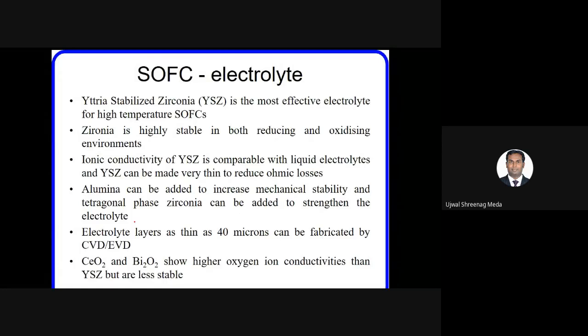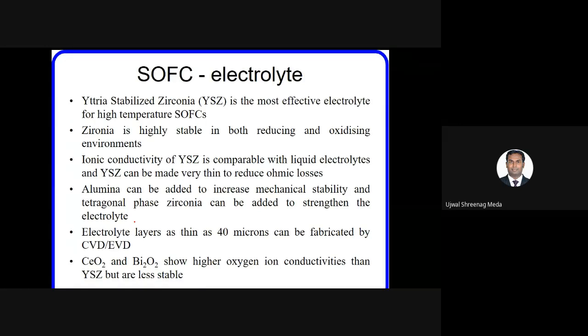Coming to the method, how it is fabricated: tape casting, as discussed in the case of MCFC, holds good here as well. Another method is electrochemical vapor deposition, EVD. CVD is chemical vapor deposition, and electrochemical vapor deposition is EVD. This is another technique with which electrolytes as thin as 40 microns can be fabricated.